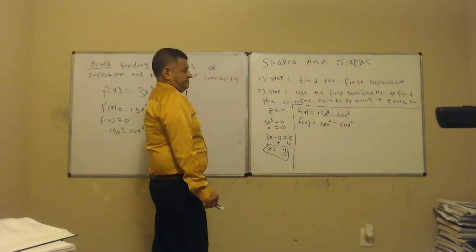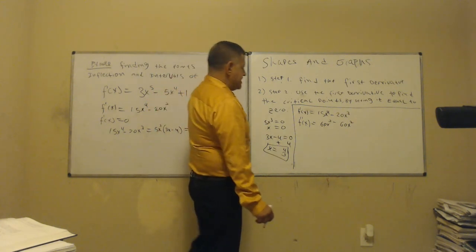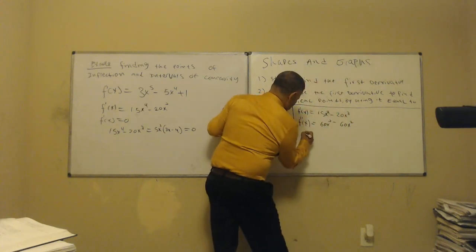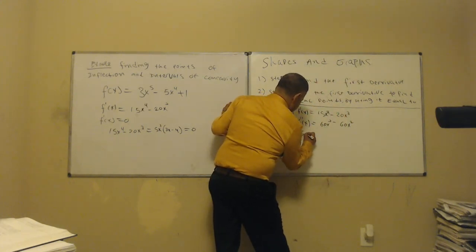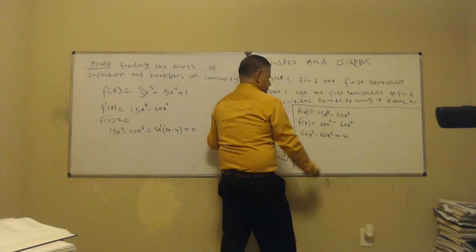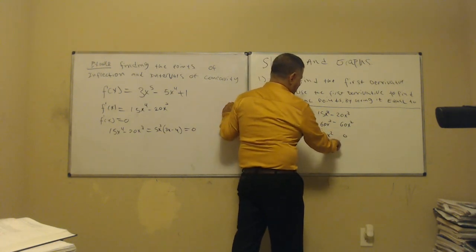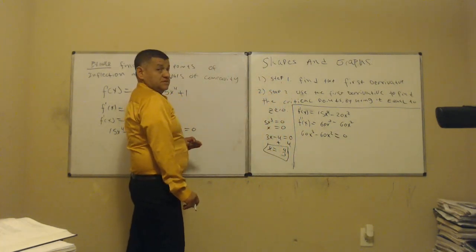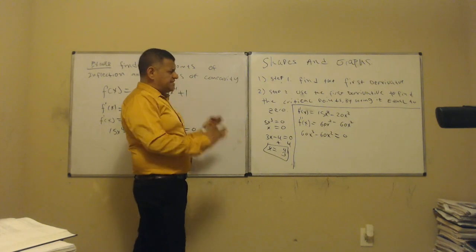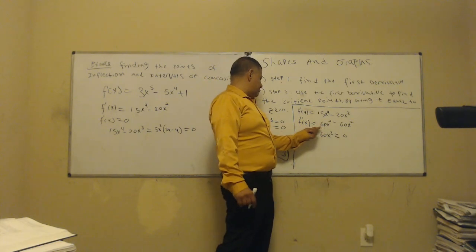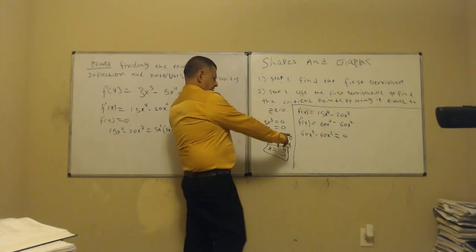Now we're setting this equal to 0 again. 60x cubed minus 60x squared equals 0. We want to see where the second derivative is crossing the x-axis. This is the second derivative, set it equal to 0.